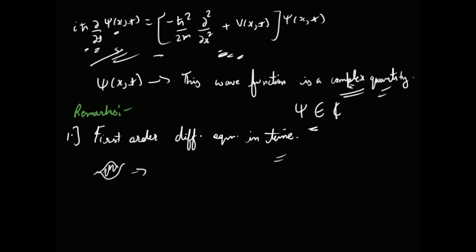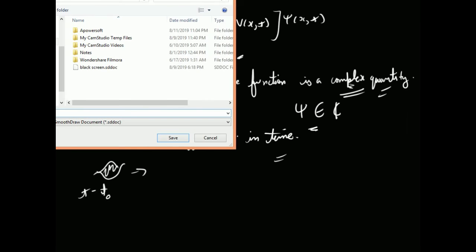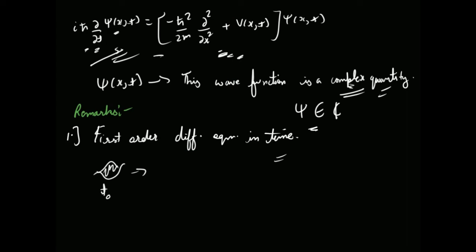If the wave function at time t equals t naught looks like this, then this equation tells us that we can also find the state of that wave function, how it would look at other times.